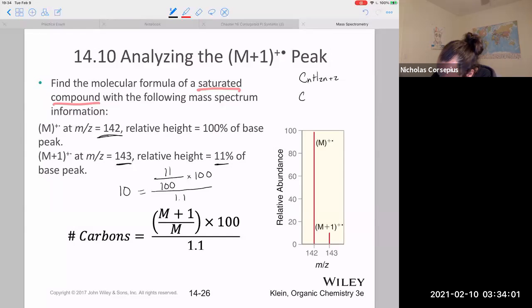So if that was the case, it would be C10. Again, that 10 comes from my estimation that I got from the height of my M+1 peak. H would be 22.